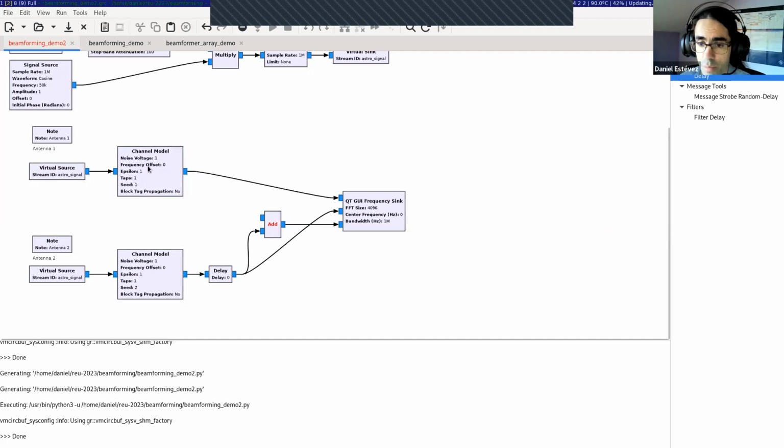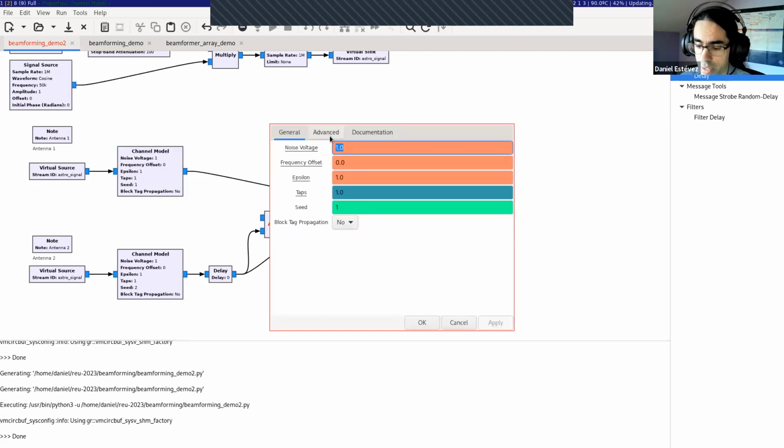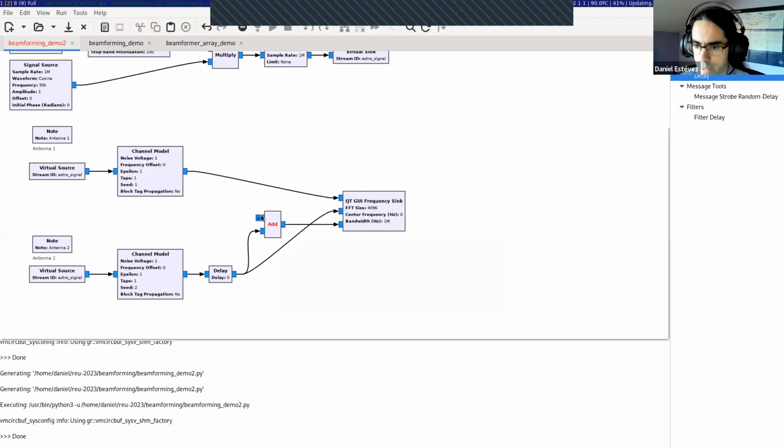And in fact, the correction block could be the channel model with this set to 0 so that it doesn't add any noise, and then the opposite parameters from the previous channel model. So if we do some changes to the signal and then we undo them, we arrive at the initial signal, and then we can add the two of them together. And that's how a real world beamformer works.